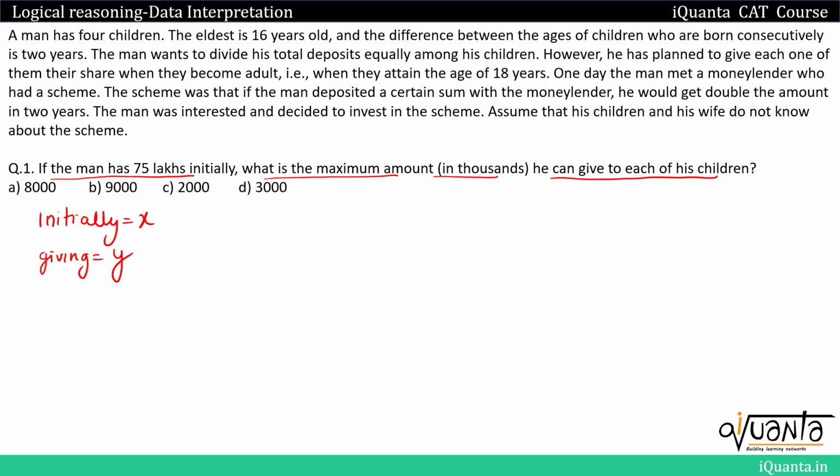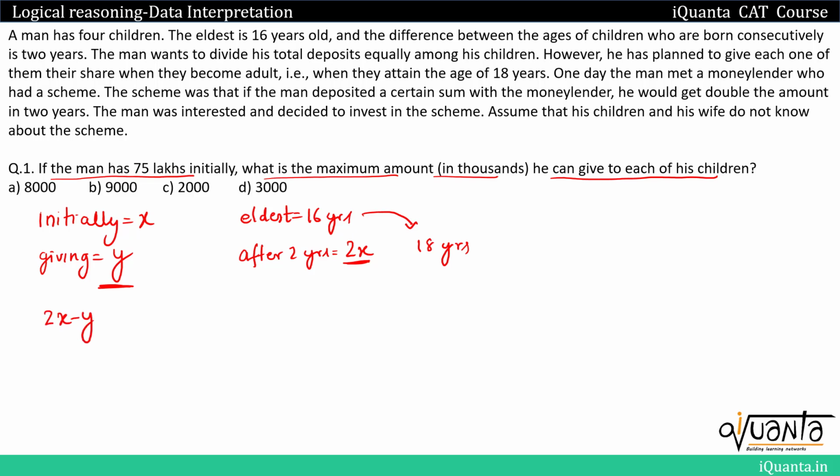So at present his eldest son is 16 years old. After 2 years, whatever money he initially had will become 2x, and now this eldest son will also become 18 years old. So now it's time to give Y rupees to this eldest child. So he was having 2x at the moment, he will give away Y, so remaining will be 2x minus Y with him.